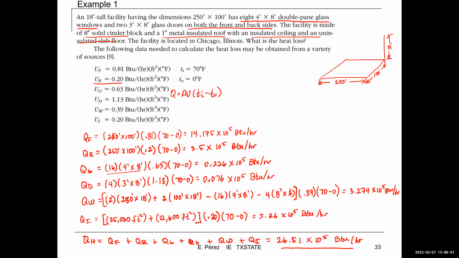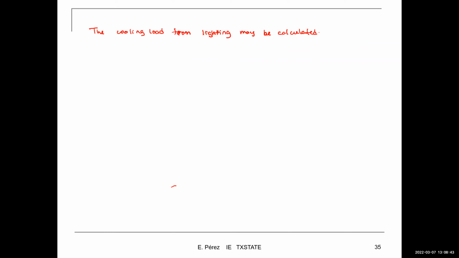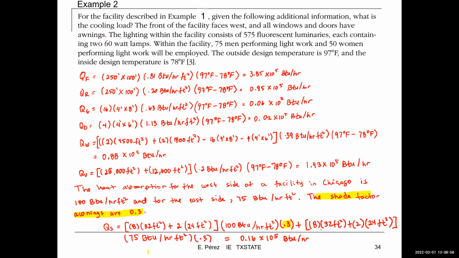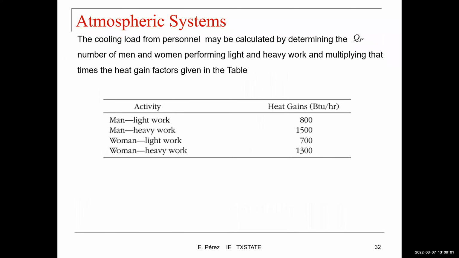And it's going to depend on the type of luminary that you're using. So I will put here using equations in slides 33, 32, 31.